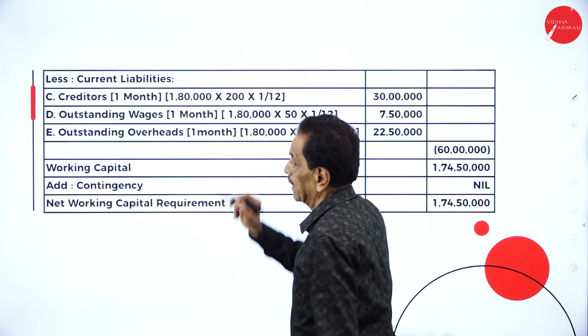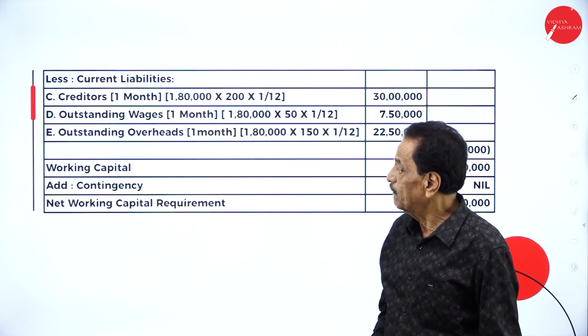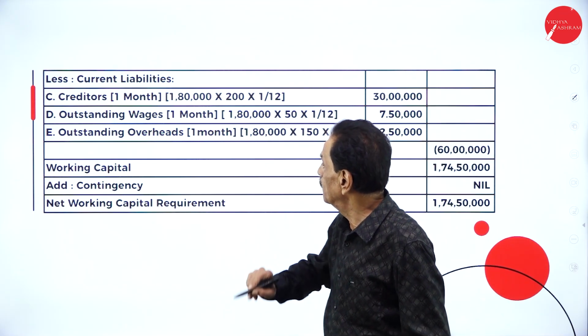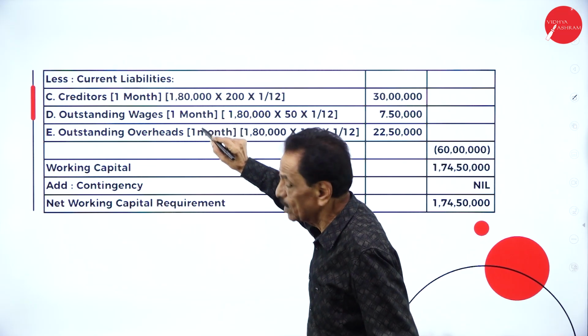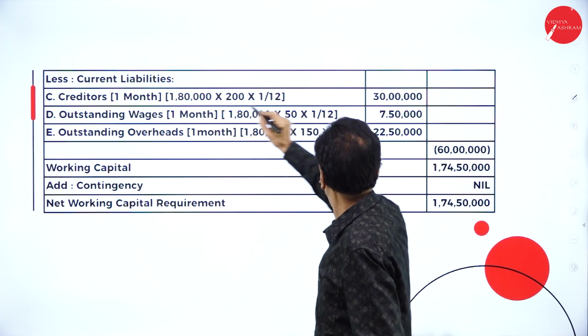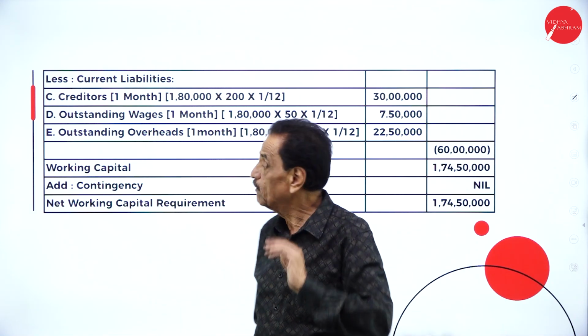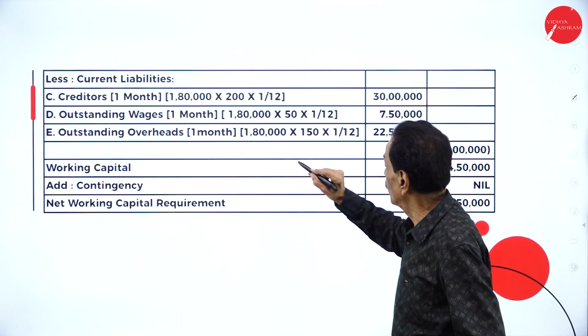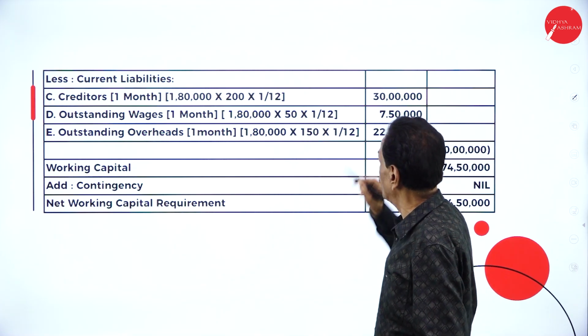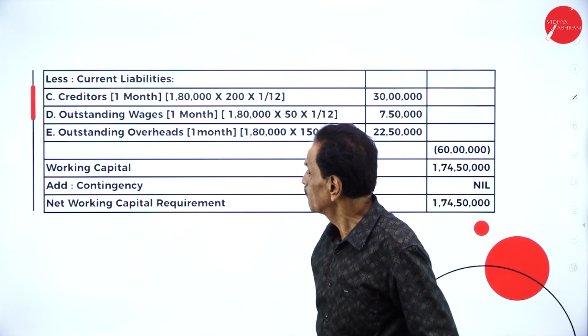Then minus current liability, creditor for material supplied 1 month: 1,80,000 divided by 12 into 1 into 200 is 30 lakh. Outstanding wages for 1 month: 1,80,000 divided by 12 into 1 into 50 is 7,50,000.